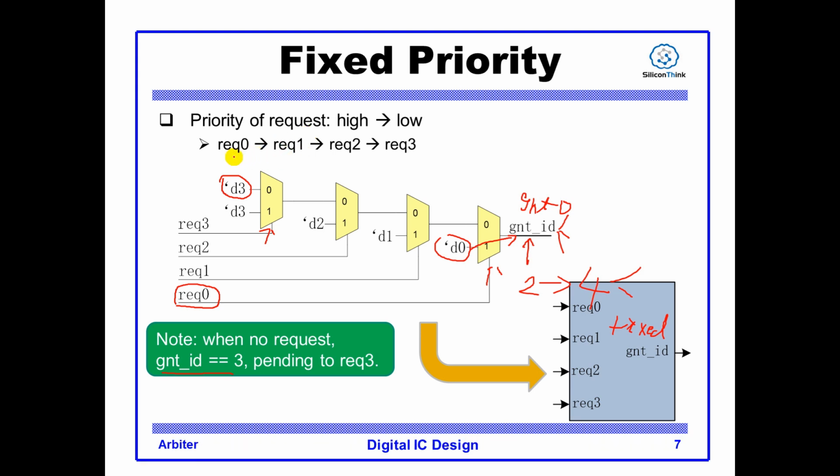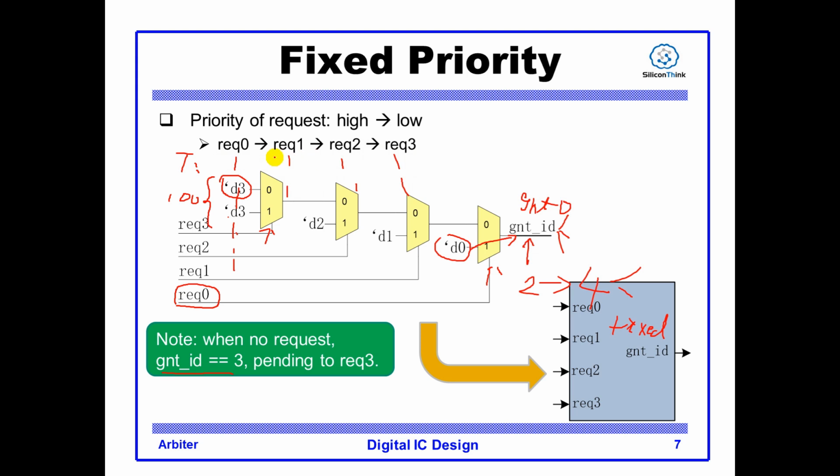For example, if request 0 wants to access the SRAM for 100 cycles, it will assert request for 100 cycles, and during those 100 cycles, request 1, request 2, request 3 also want to access, but only request 0 gets the access.